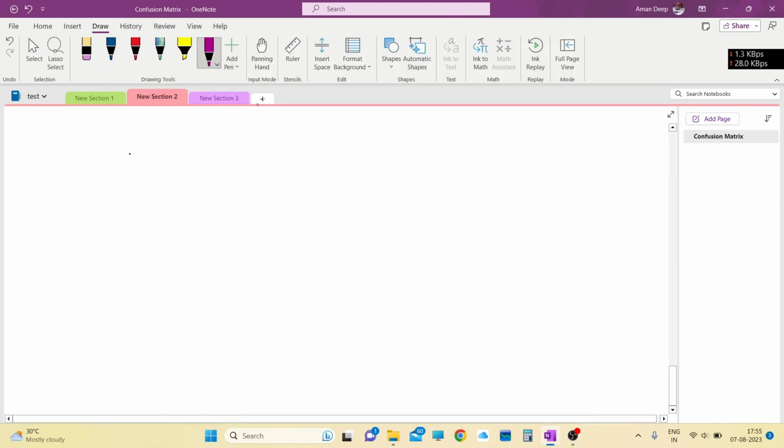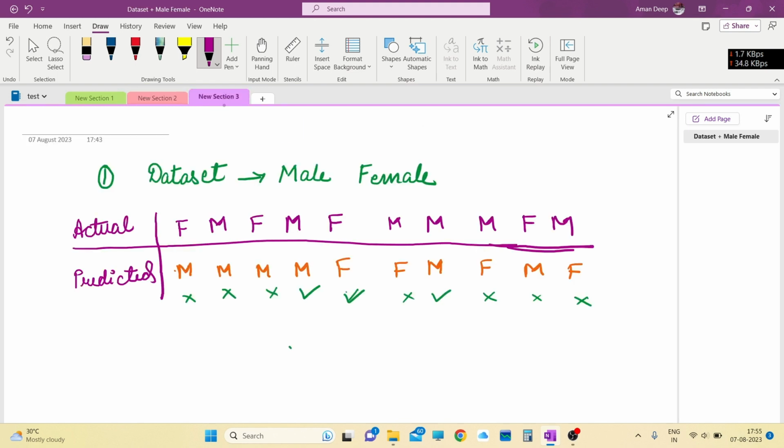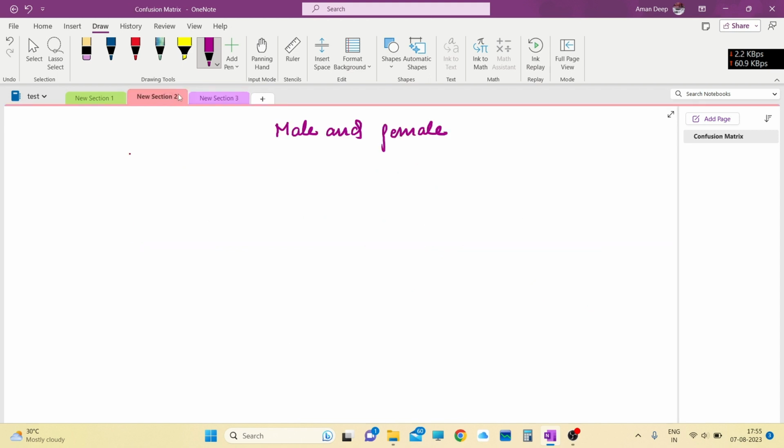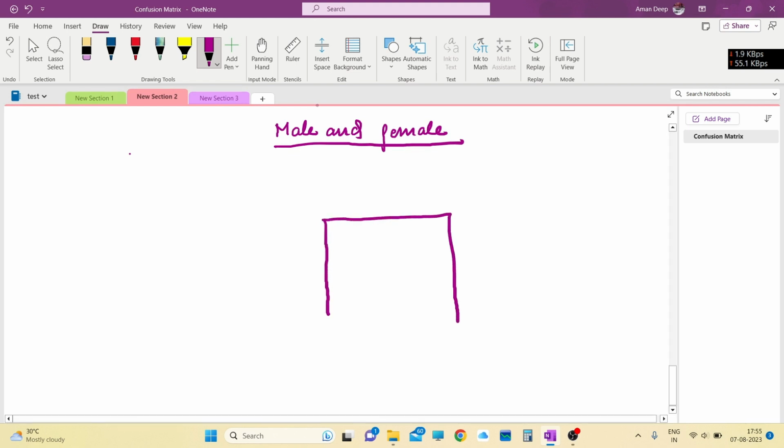Okay, so let's visit our example now. The example of prediction of male and female. As mentioned before, the data set is here. We will be utilizing this data set. Now, here is the matrix.